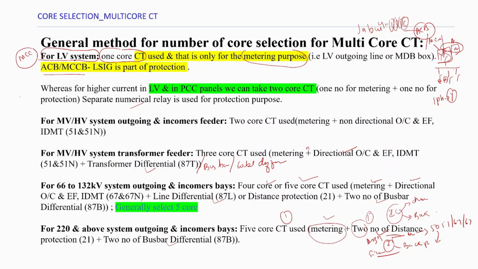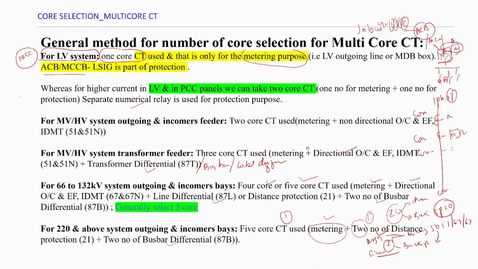So within the same core, can we connect the main and the backup? With one same core, it will not be. The two cores will be there. This will be a 5P20 core, and it will be like this. Core 1 is for metering. Core 2, 50, 51.